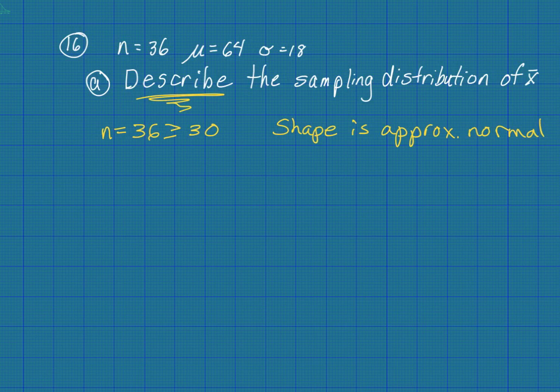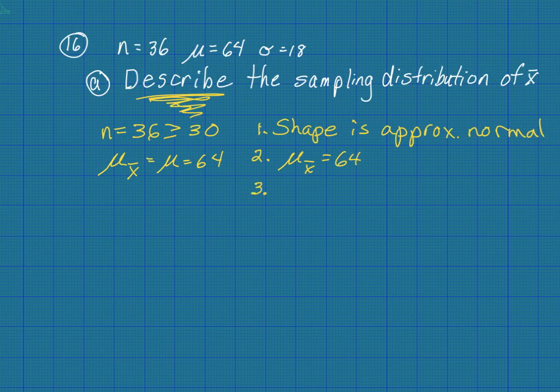So that's one of three things we need to describe it. The second thing is we need the mean of the sampling distribution of the sample mean. Well, the mean of the sampling distribution is just equal to the mean, which is 64 again. They like that 64. So mu sub x bar equals 64. That's the second thing you need.